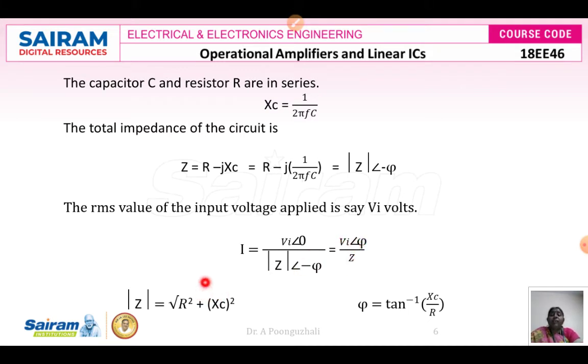The magnitude of the impedance is the square root of R squared plus XC squared. The phase of this impedance is minus tan inverse of B by A, where B is XC and A is R. So we write phi is equal to tan inverse of XC by R. This is the phase angle there.